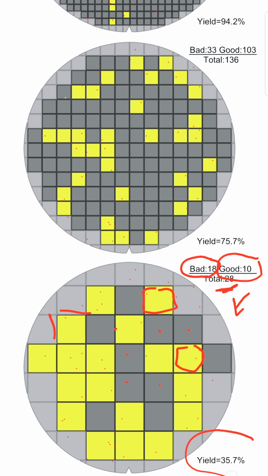So you see that the yield here is less than 50%, to be precise only 35.7% of ICs are good, and that's the yield of your silicon IC fabrication.